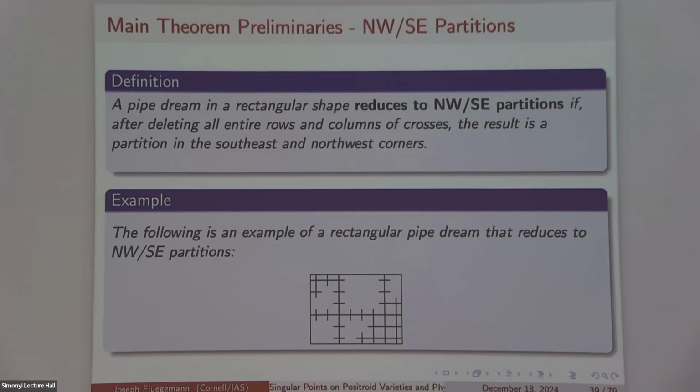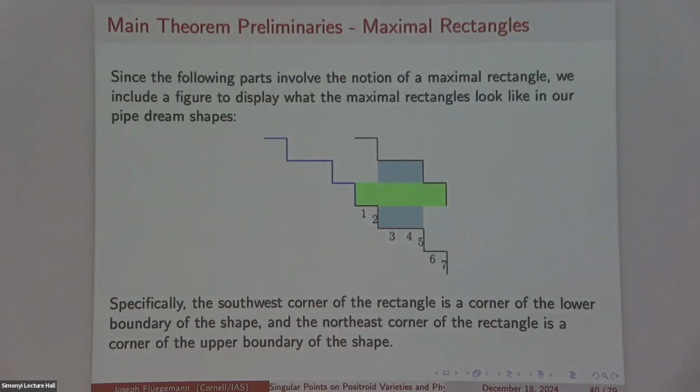So, okay, this is an example of a northwest southeast partition. I guess another notion is this notion of a maximal rectangle. Just as it sounds, you have a rectangle where the southwest and northeast edges touch the outer shape of the diagram.